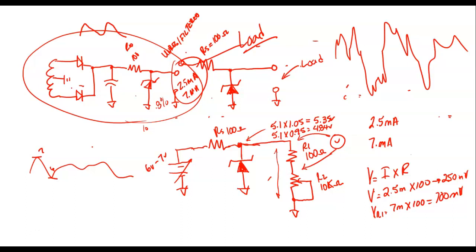The only problem with using a Zener by itself is that it can handle very low power. So our maximum power would be what? Power. Yeah, so let's just use 5.1. 5.1 times 2.5 milliamps, and 5.1 times 7 milliamps.